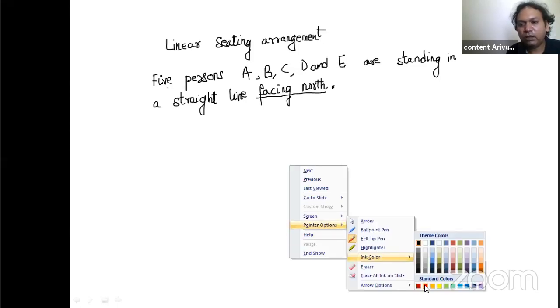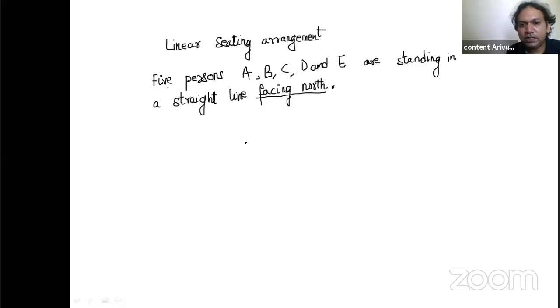Okay. So let's say that there are 5 persons. So 1, 2, 3, 4, 5. So we make this dash diagram. Each place is for 1 person. How many persons are there? 5 persons. So I made here 5 positions, and they're facing north. Facing north means what? What is the importance of this?